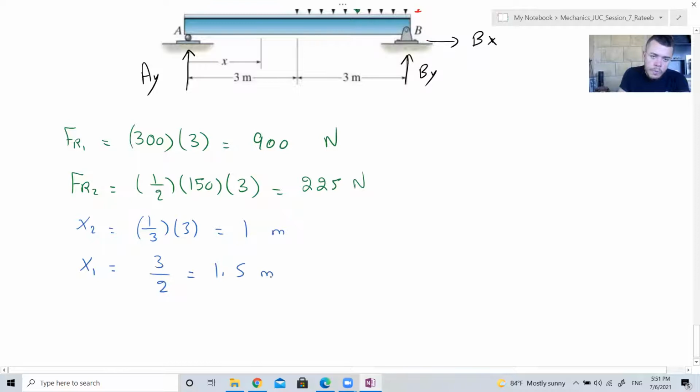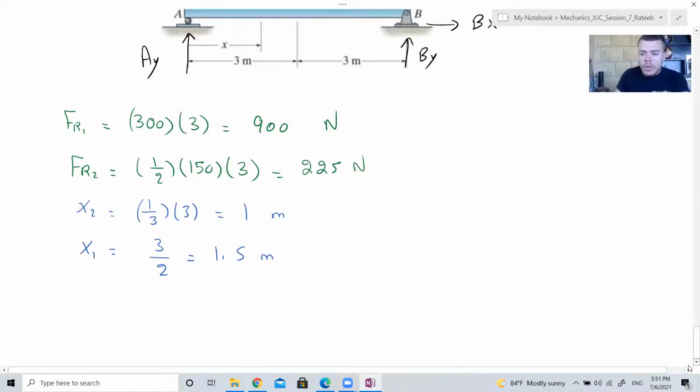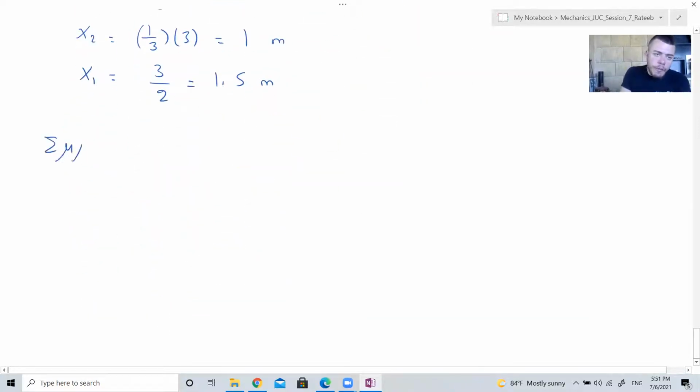Now I'm going to do summation of moments at point B equal to 0.